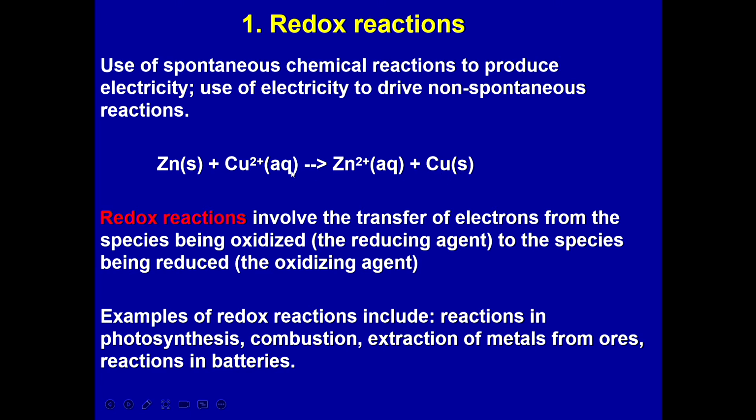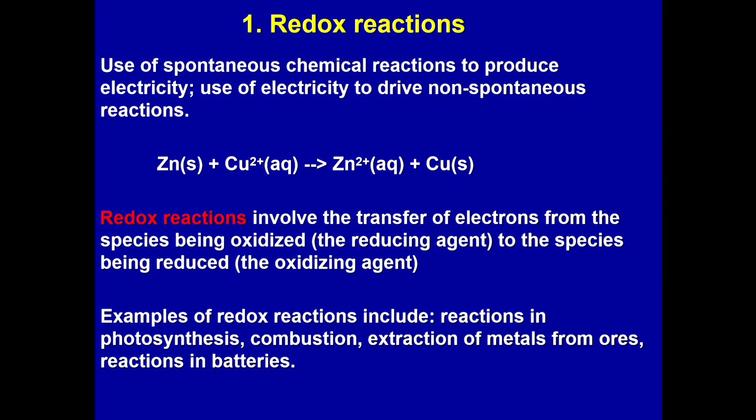This reaction is a redox reaction because the electrons are transferred from zinc to copper. This reaction is also spontaneous, because its delta G is less than 0. So we can use this reaction to produce electricity.